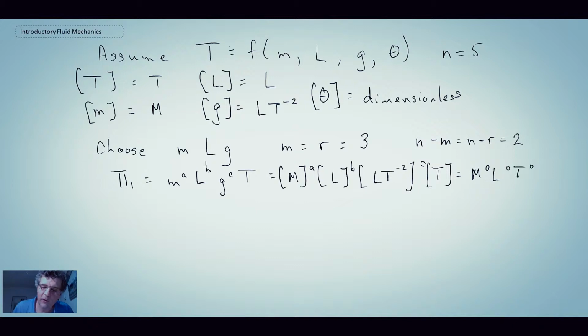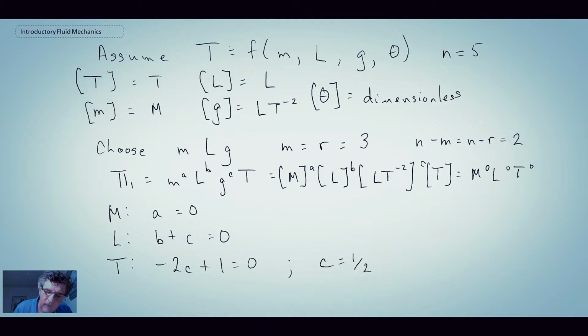Going through, starting with our mass term, we find A is equal to 0. Looking at the dimension of length, B plus C is equal to 0, and we have to move on to time in order to find C. So we get C as 1/2, and then we can go back up and determine B to be minus 1/2.